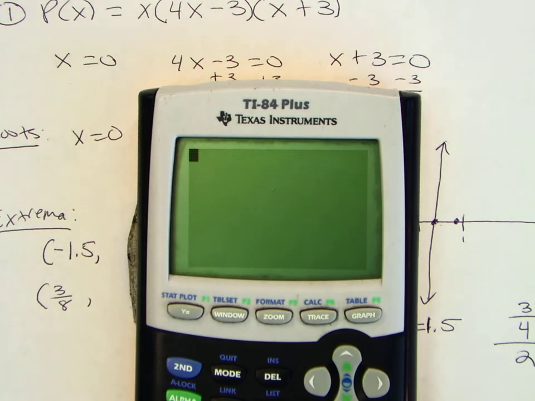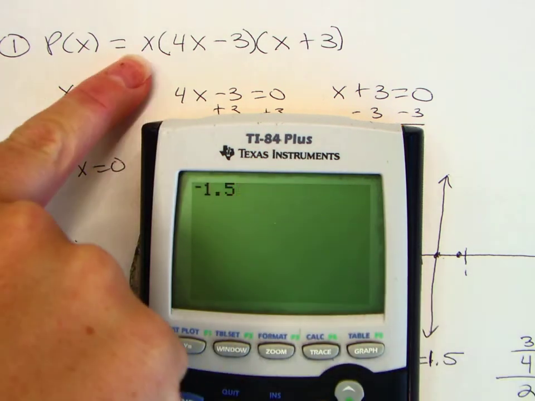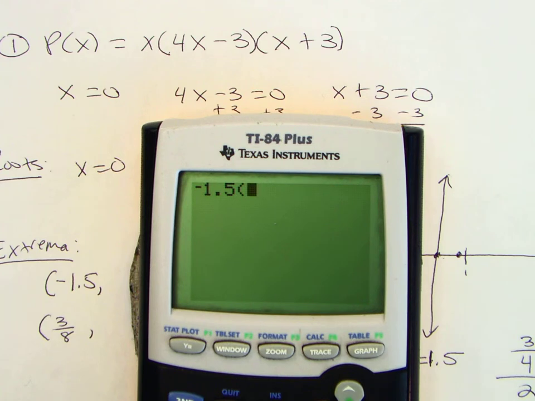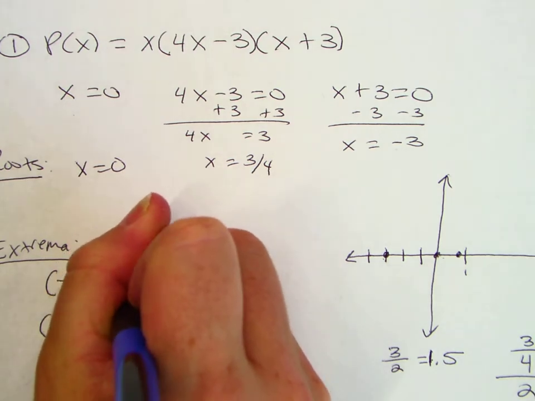I'm going to plug -1.5 into that equation: x times (4x - 3) times (x + 3), with x = -1.5. I hit enter, and I get 20.25.